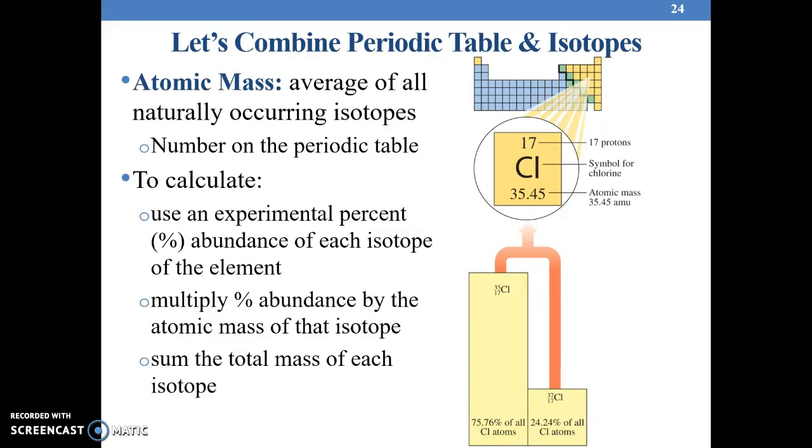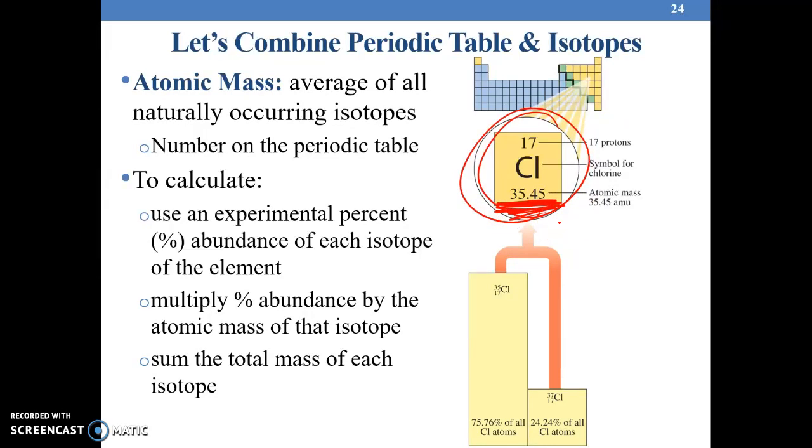So here's a way to look at that with a bar graph. We take the same chlorine that we had looked at before. It has 2 isotopes, one that's 35 mass number and one that's 37 mass number. You'd think it'd be an average, 36, which should be the number on the periodic table, but it's not 36.